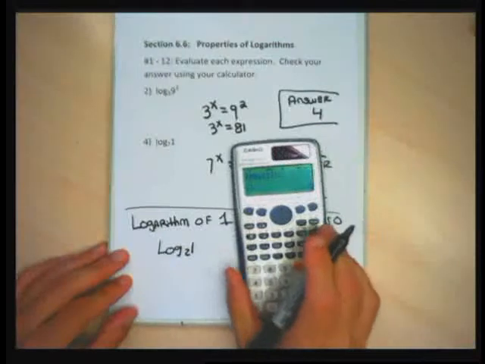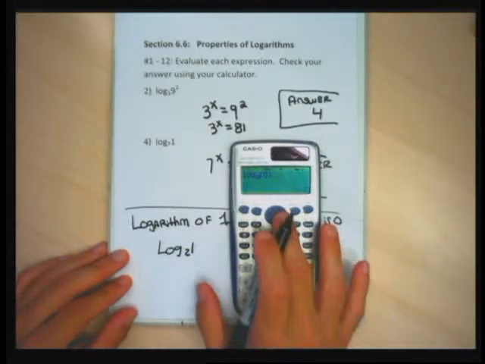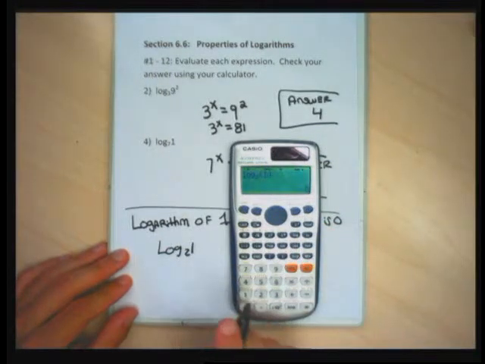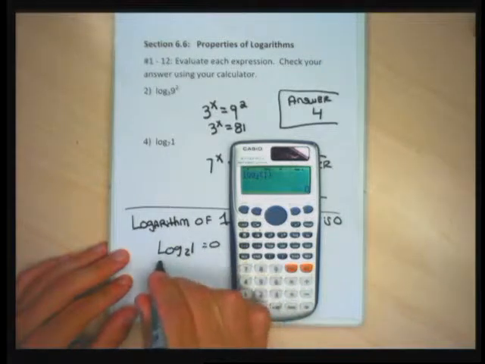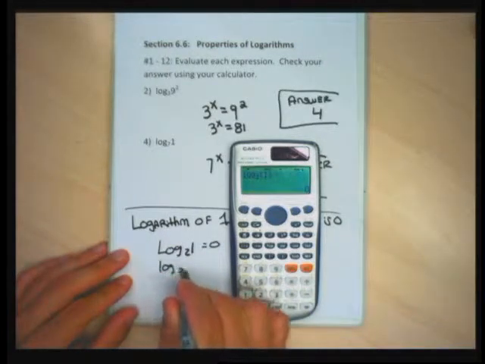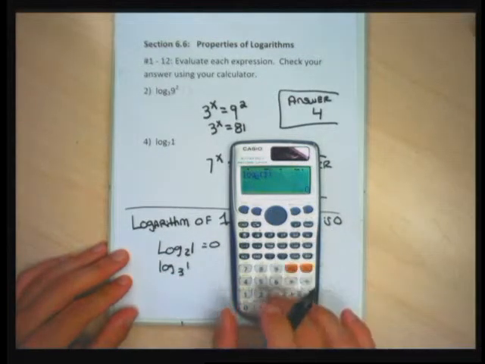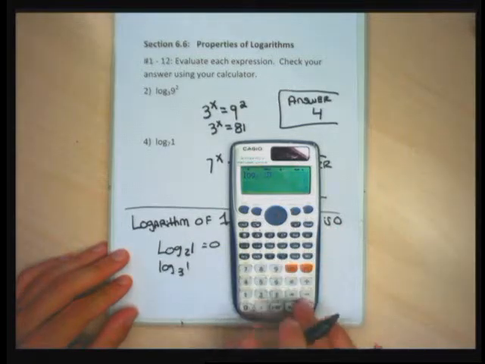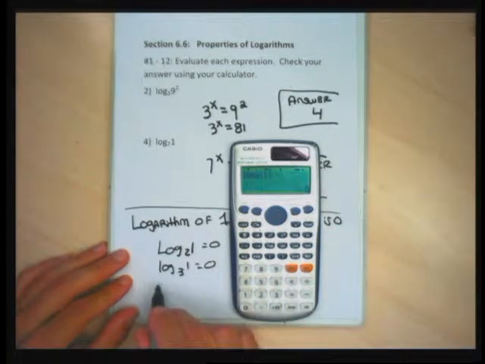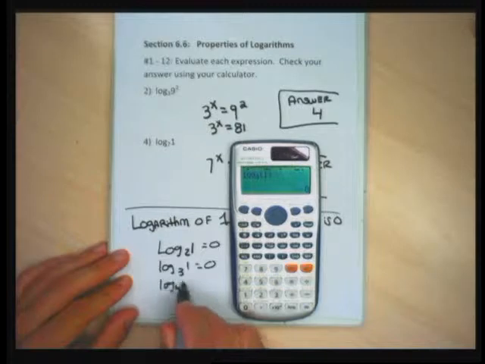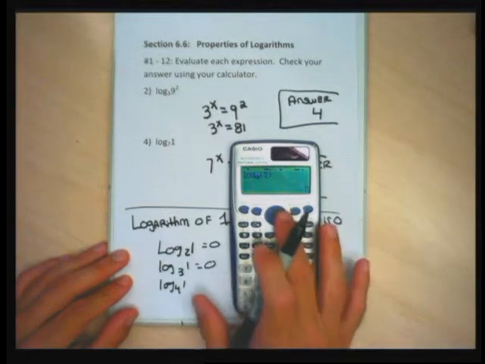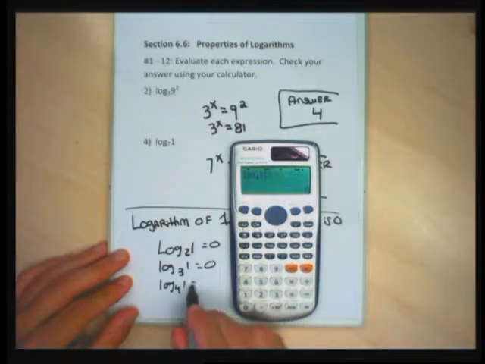I'll just do these on my calculator real quickly. There's the log base 2 of 1. It's 0. If I did the log base 3 of 1, it equals 0. If I did the log base 4 of 1, it's also equal to 0.